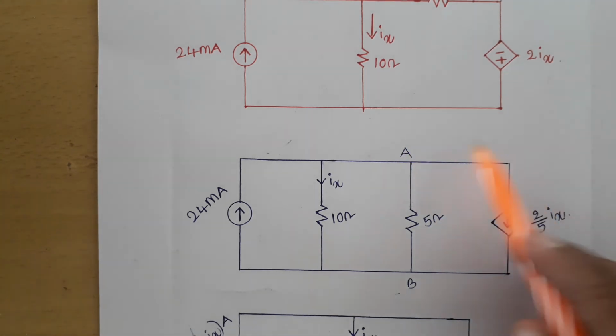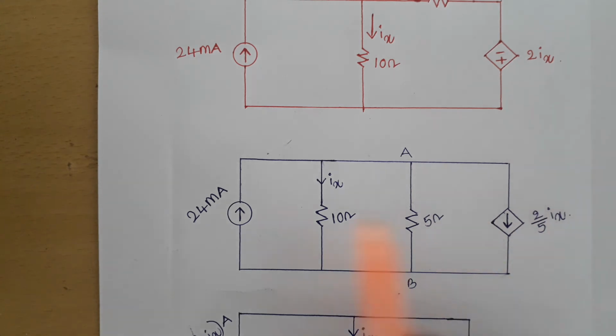So the net current flowing from B to A is 24 milli minus 2 by 5 Ix.